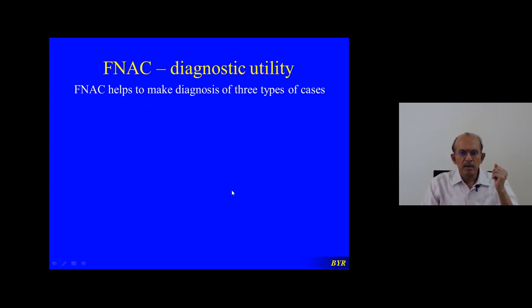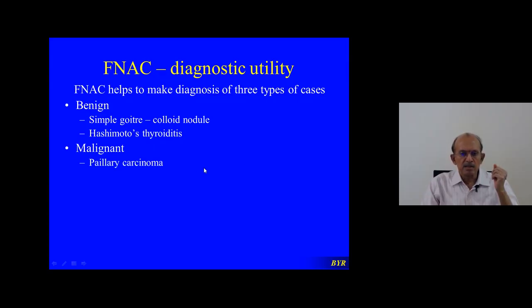FNAC helps to make diagnosis of three types of cases. Benign lesions, that is simple goiter, where you find a colloid nodule, Hashimoto's thyroiditis, then malignant lesions like papillary carcinoma, medullary carcinoma, anaplastic carcinoma, lymphoma.